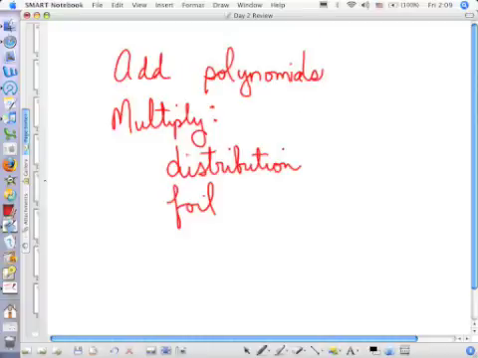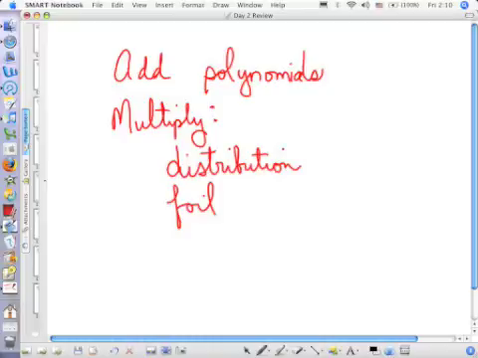Is all this stuff kind of coming back to you? Yeah. All right, good. Polynomials. You need to know how to add polynomials, which means like terms. What makes two terms alike when you're dealing with variables? Same variables raised to the same powers.